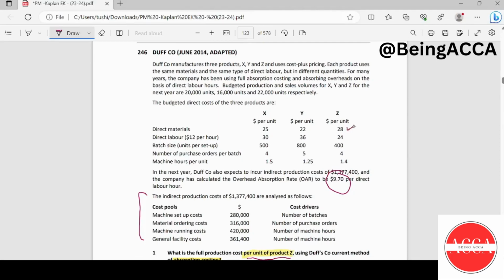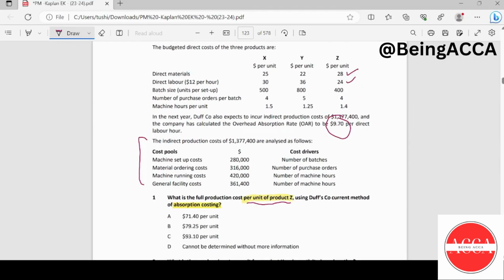Coming on to see the costs that are there, for product Z we have direct materials of 28, we have direct labor of 24, and it takes 1.4 machine hours per unit.